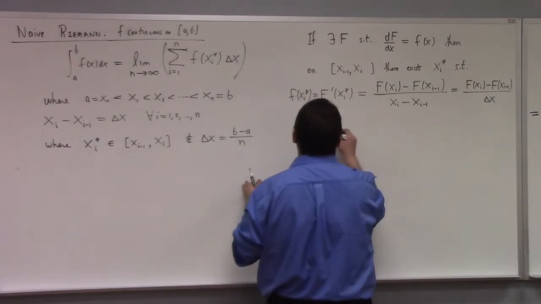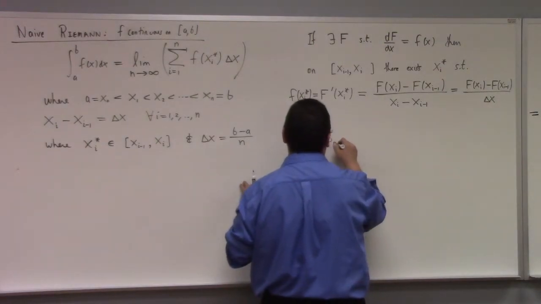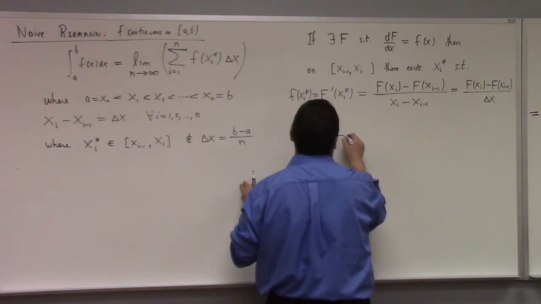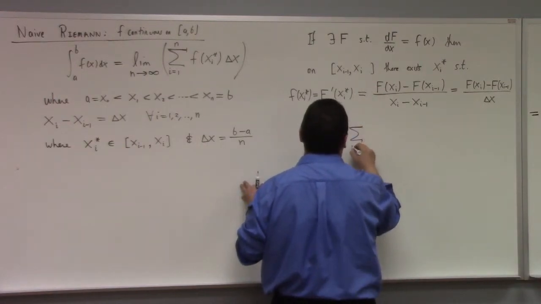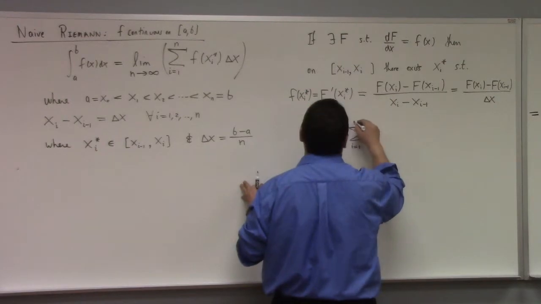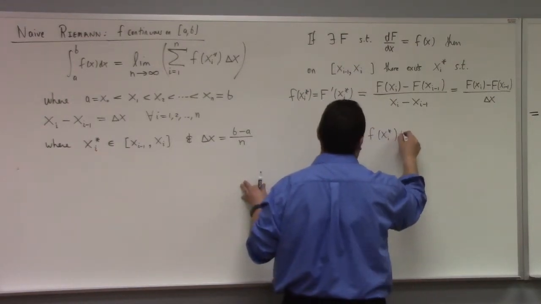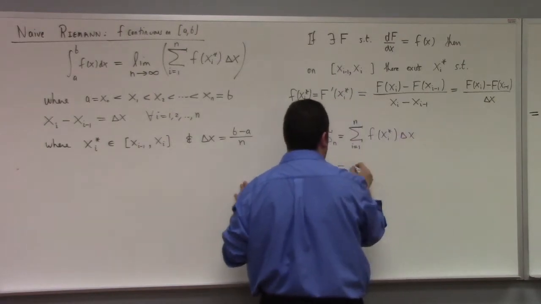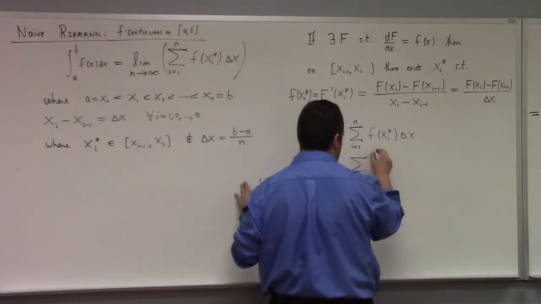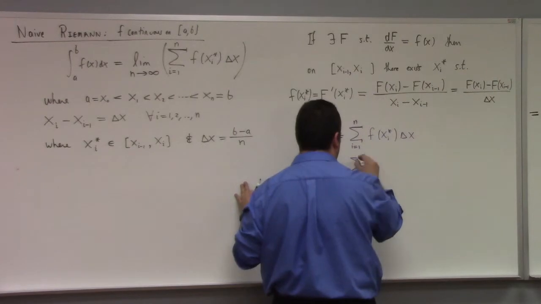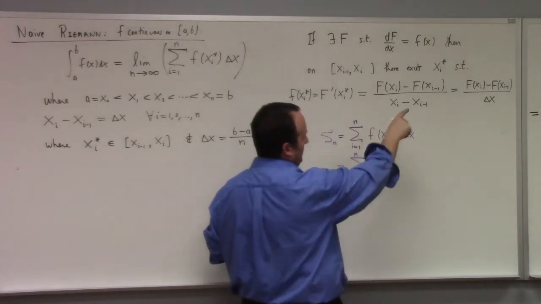So look at this. The nth partial sum, right? You've got the sum i equals 1 to n of f of x sub i star delta x. So using the mean value theorem, we can replace that with what? This, right?